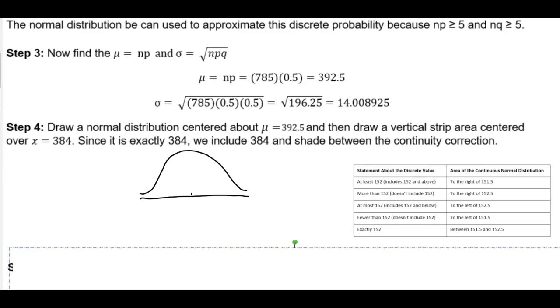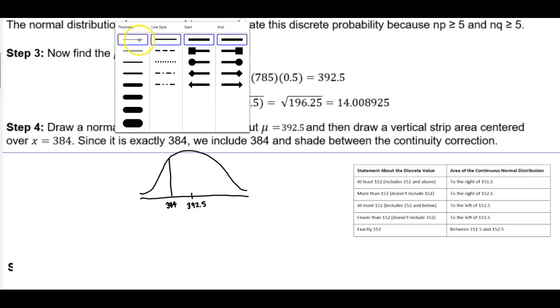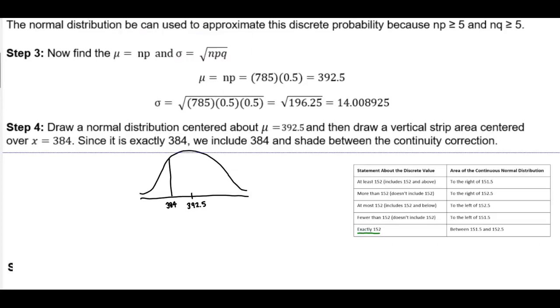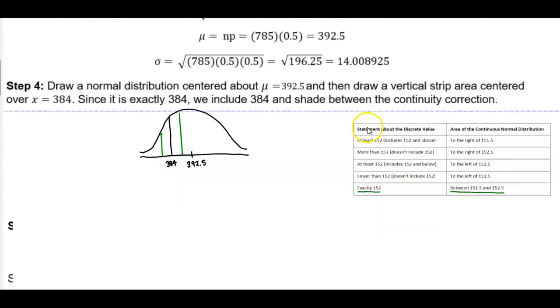Okay, we know that the mean is 392.5. And the value of x is 384, so it's to the left of that. And since we know it's exactly, it's got to be in between those values. So 384 has to be in between the continuity correction.